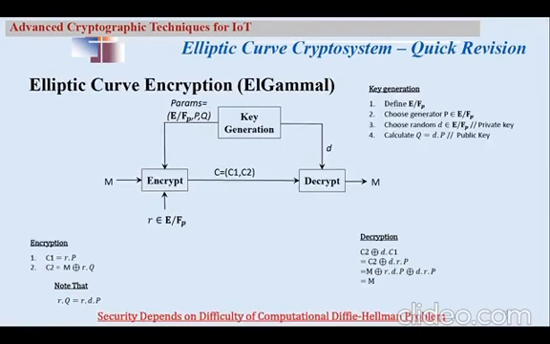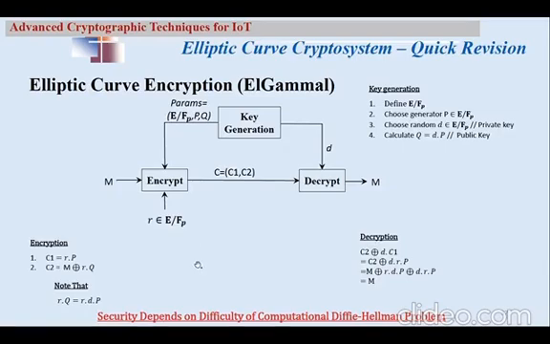Now the last thing that we'll study is the elliptic curve encryption system, which is based on the Elgamal encryption system. Elgamal has an integer arithmetic version also, but this is the elliptic curve version. And remember that this is a probabilistic encryption scheme.